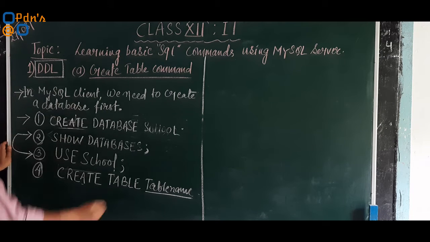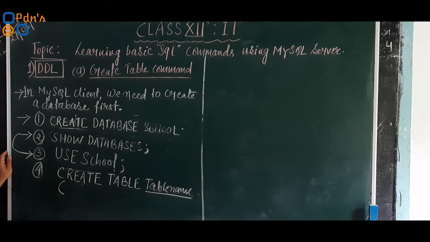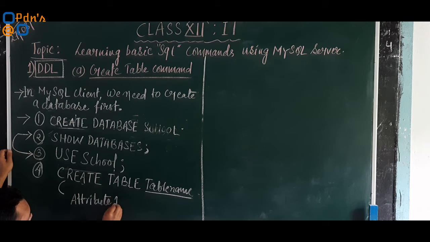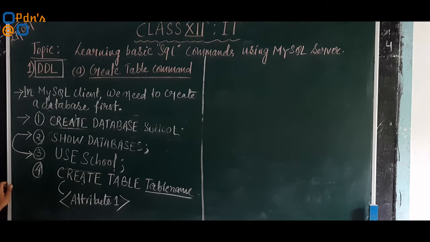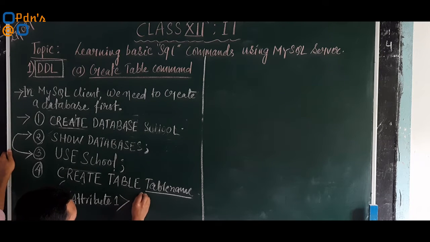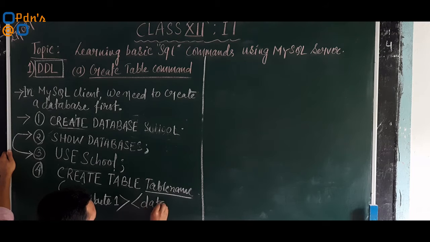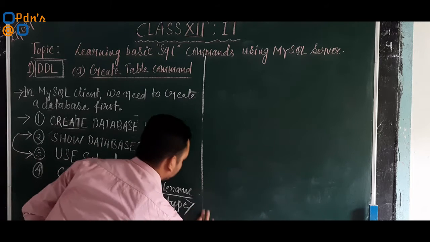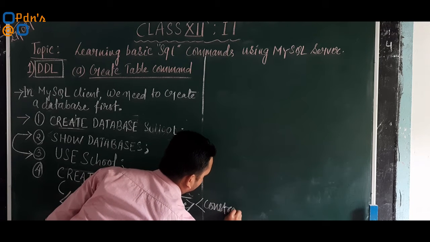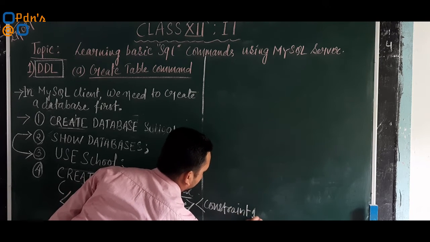Create table name, then parentheses followed by attribute 1, the first attribute where we need to insert, then after a space, the data type, then the constraint if there is any on the data, constraint 1.